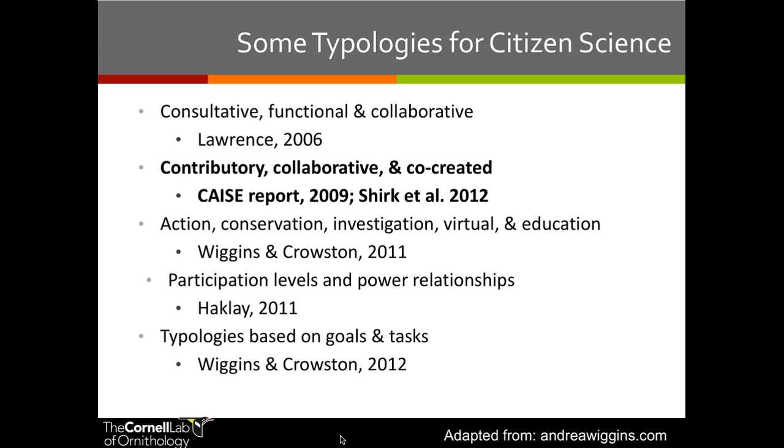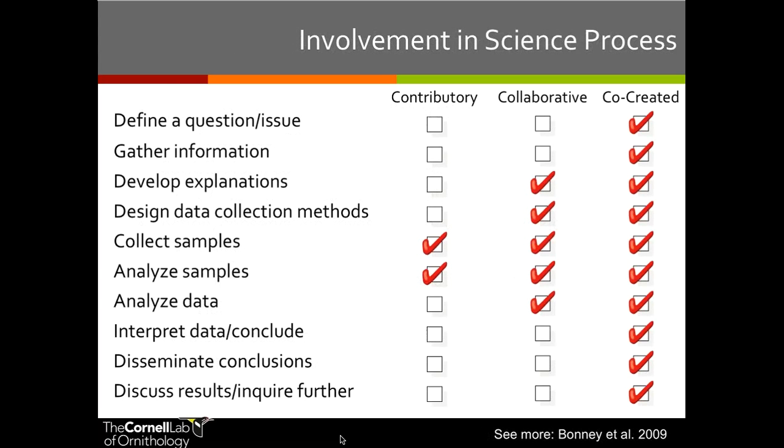So this is not an exhaustive list. There's people studying this from so many different interdisciplinary domains, but the one that I'll be talking about throughout this talk is the one that's bolded. That's the contributory, collaborative, and co-created model of citizen science.